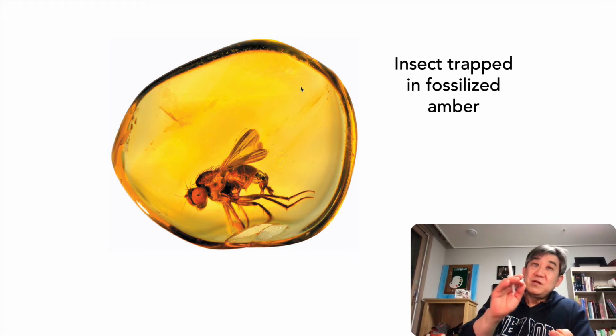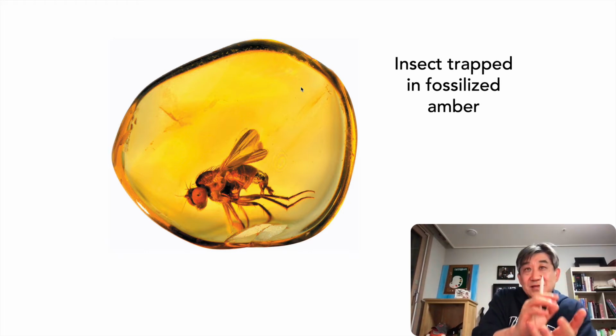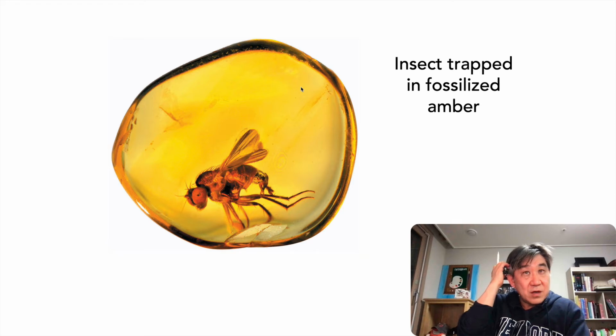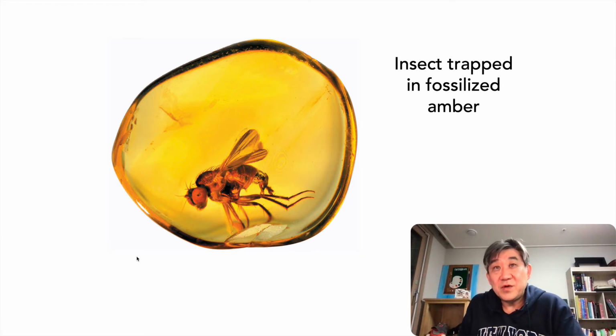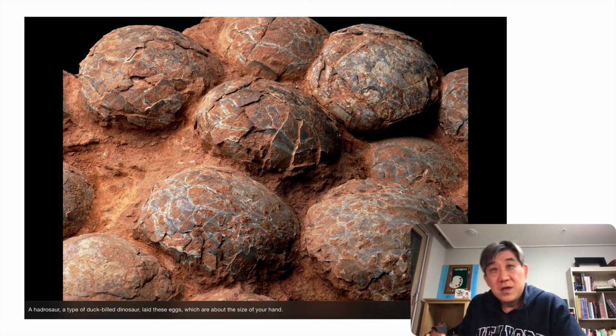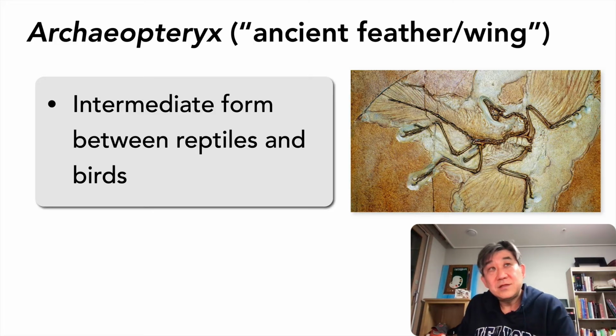Amber is the fossilized plant sap, and so if you are lucky enough to obtain this, then you can actually get a lot of information out of this. Sometimes these dinosaurs' eggs were also recovered in the form of fossils.